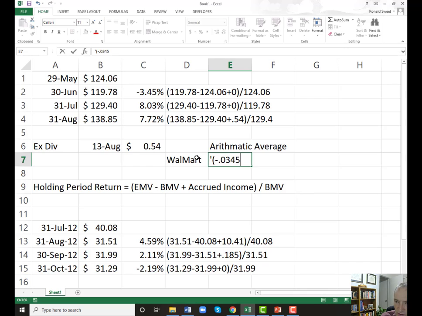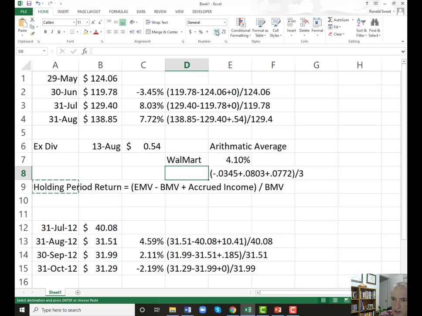Minus 0.034 plus 0.0803 plus 0.0772, and you just divide that by 3. That's all the arithmetic average is. And when you do that, I get 4.1%.